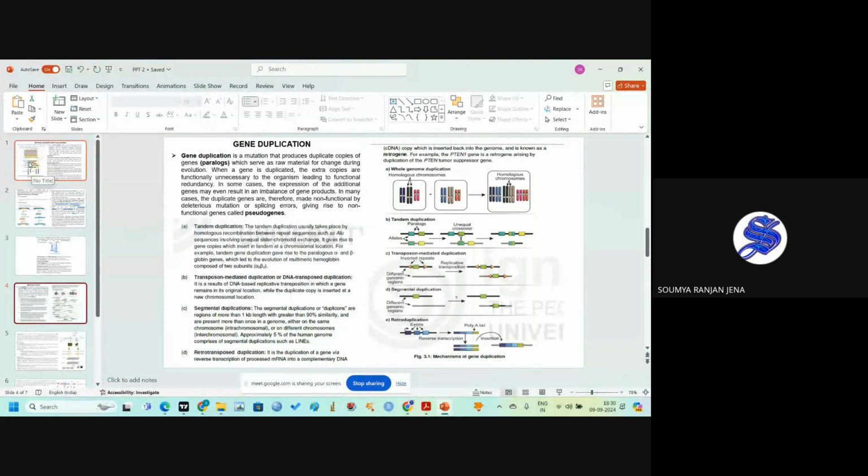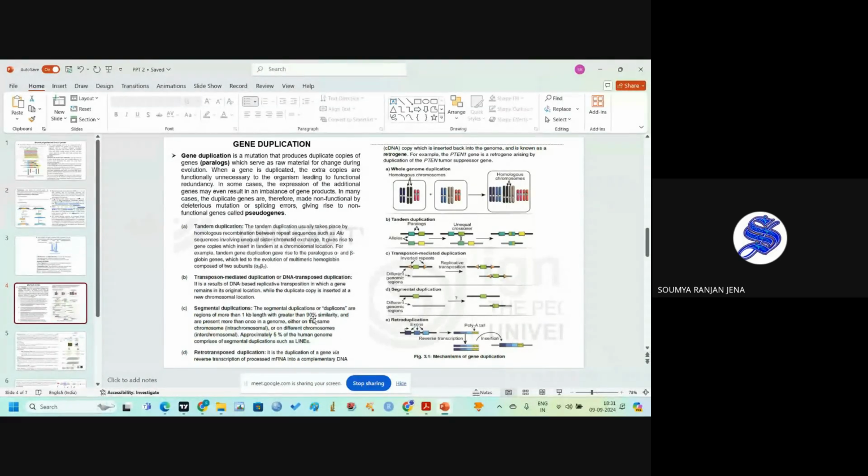As we previously described, if an insertion or deletion occurs in a gene, or a new gene is inserted by a transposable element, it also gives rise to duplication of this gene. Then the segmental duplication: segmental duplications, or duplicons, are regions of more than 1 kilobase pair length with greater than 90% similarity.